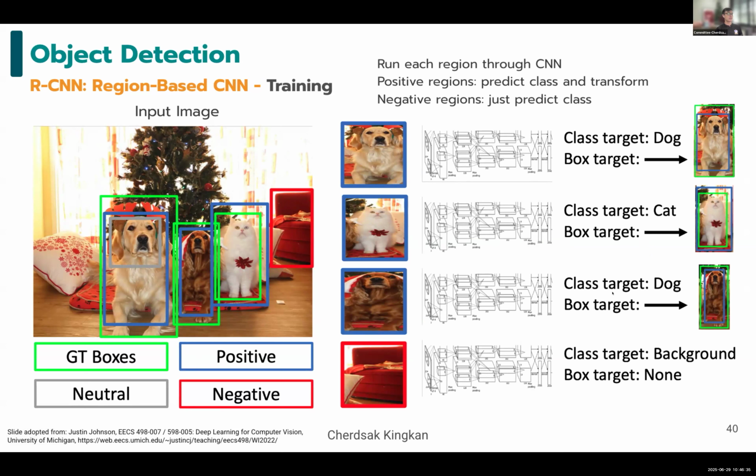And for the positive regions, we need the model to predict both the class and the transform, that is tx, ty, tw, and th. Right. And for the negative ones, we just need the model to classify the object. The negative ones have to be predicted as background. If it is predicted as some other object, that would give a penalty.